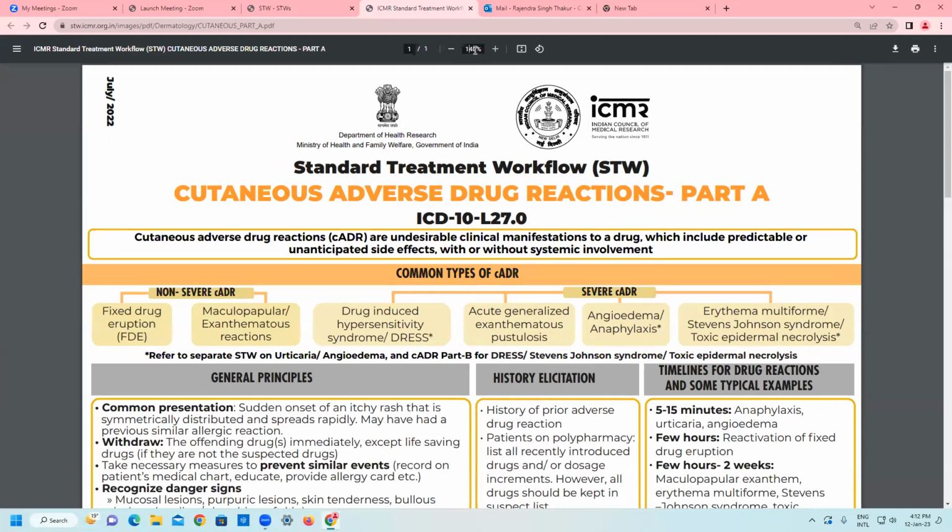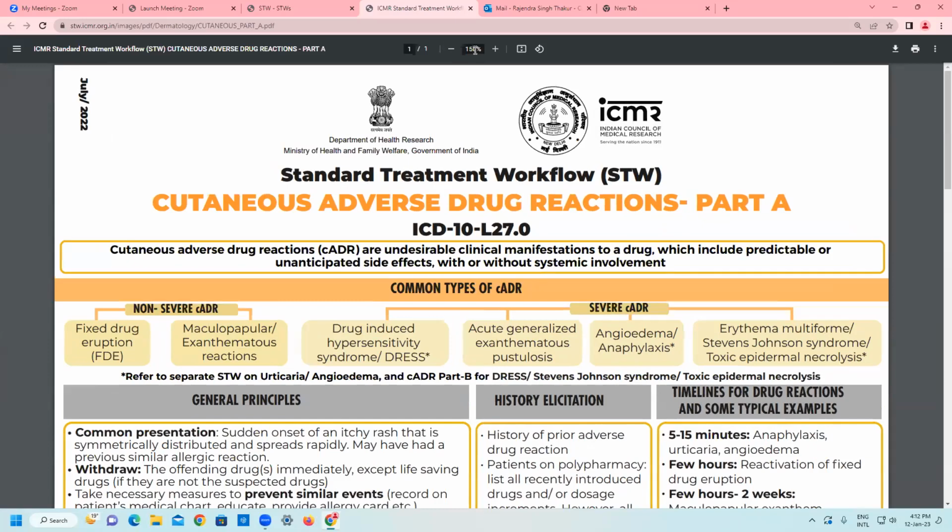Such a drug means that particular drug and a chemically related agent. For example, if somebody is allergic to ciprofloxacin, other quinolones also become risky, but not necessarily it will happen in all. So this is a basic thing which we have to understand.